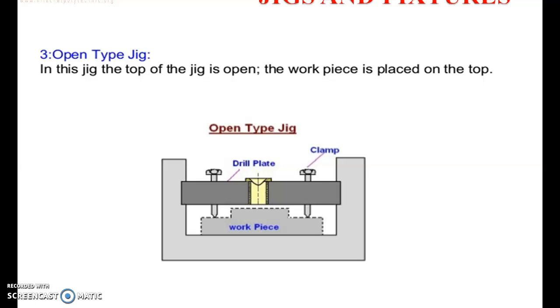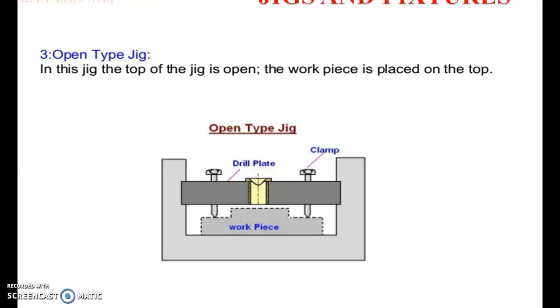A lip jig is shown in this figure. You can see here, it consists of a lip or a plate, hinged on the body at the hinge point. Here it rests. The lip may be swung open or closed on the work for loading and unloading purposes.